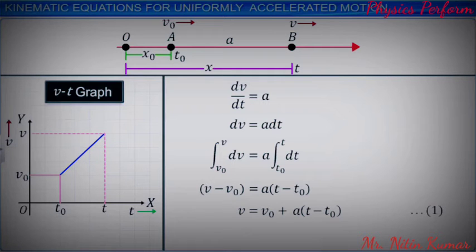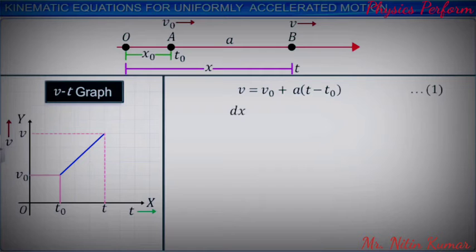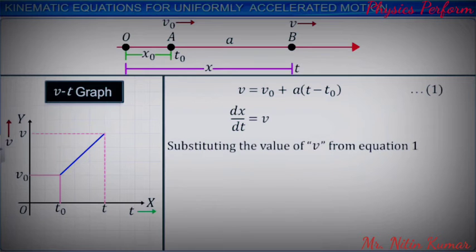We know that dx by dt is equal to v. Substituting this value in equation 1, we get dx by dt is equal to v naught plus a into t minus t naught. By cross-multiplying, we get dx is equal to v naught plus a into t minus t naught, multiplied by dt.